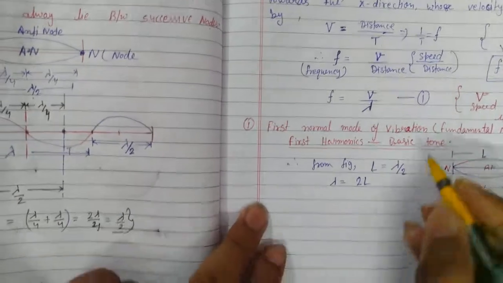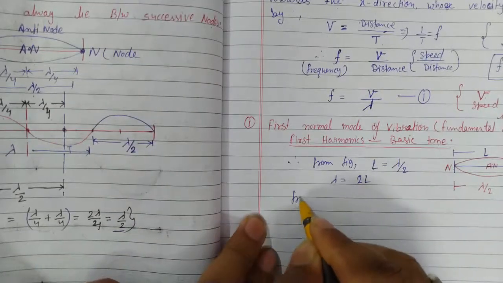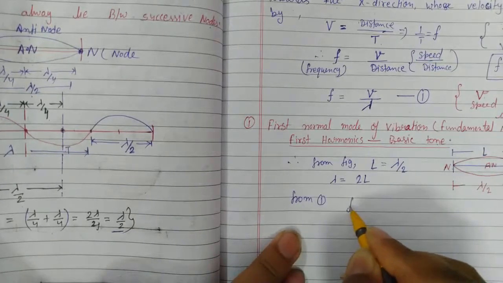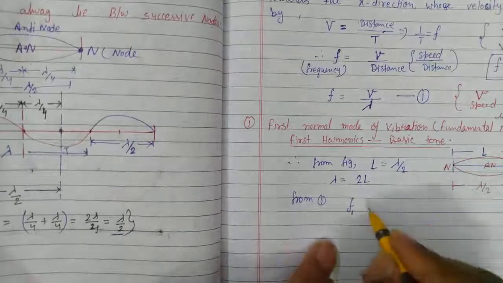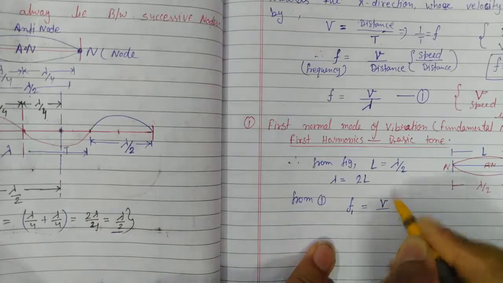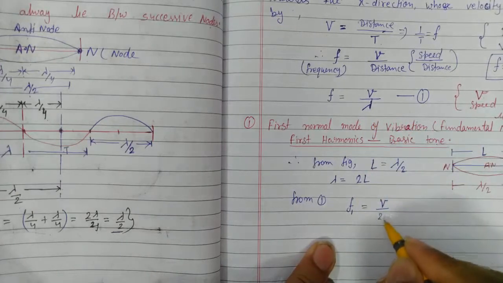Now from equation first, frequency, let's say f1, is equal to v upon, in place of lambda, 2L.